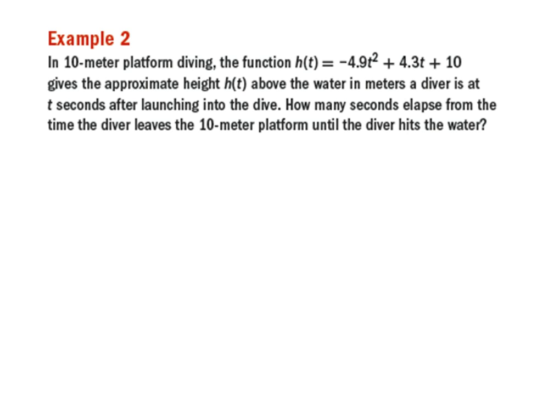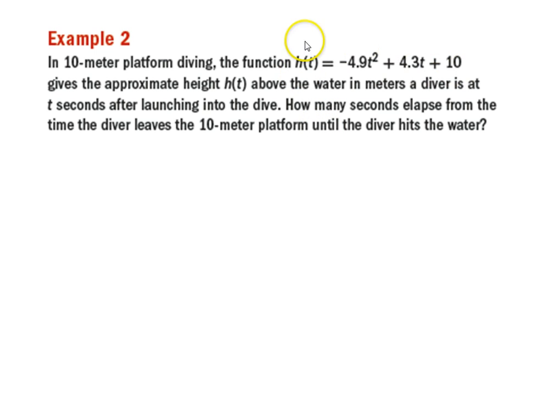The function h of t, where h is not a variable, it's the name of the function, h of t is equal to negative 4.9 t squared plus 4.3 times t plus 10, gives the approximate height above the water in meters a diver is at t seconds after launching into the dive. And we want to know how many seconds elapse from the time the diver leaves the 10-meter platform until the diver hits the water.